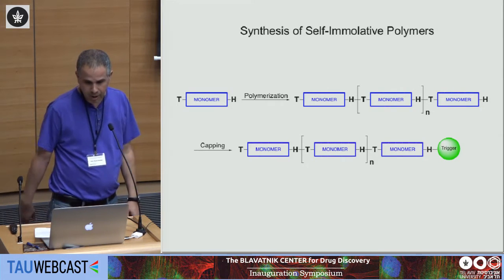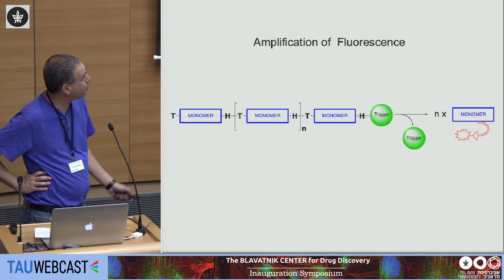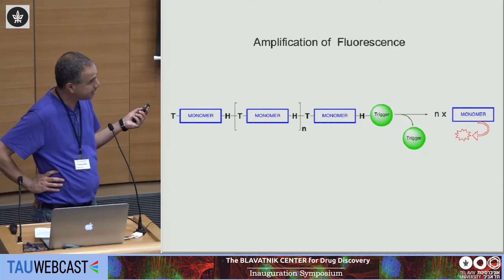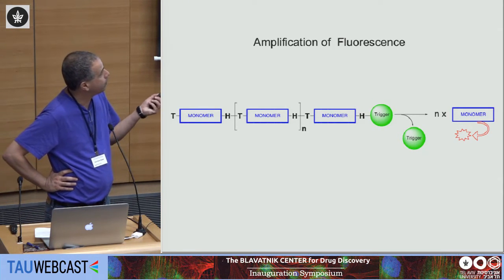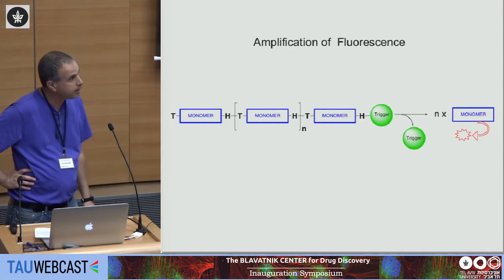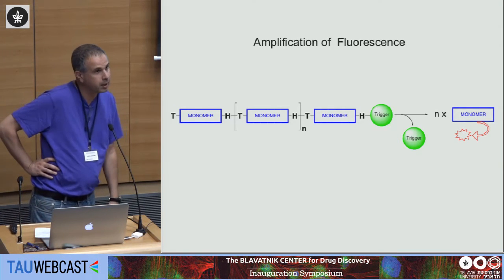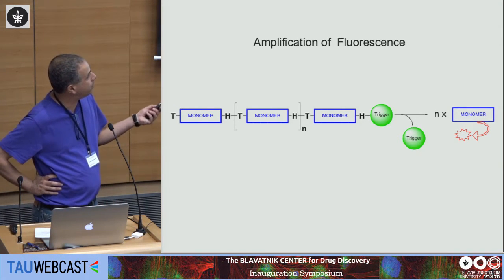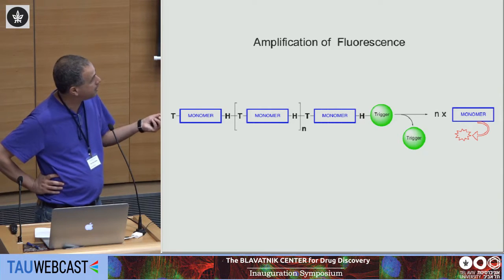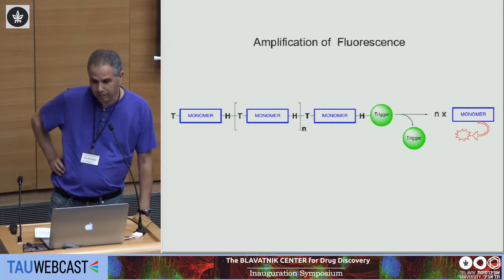So one of the applications that we evaluated with this kind of molecule is sensing. If the monomer is fluorescent when it's free, but it is quenched when it is within the polymeric chain, then you can achieve amplification of the signal that is related to the analyte that you want to identify.